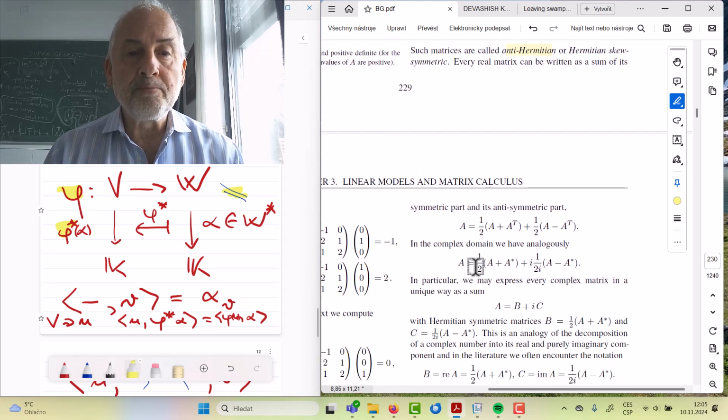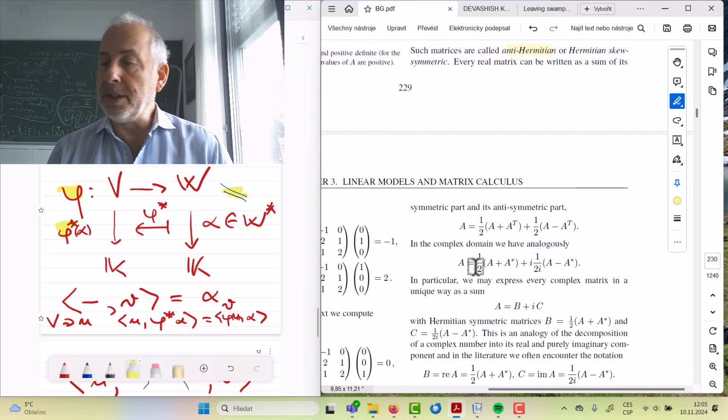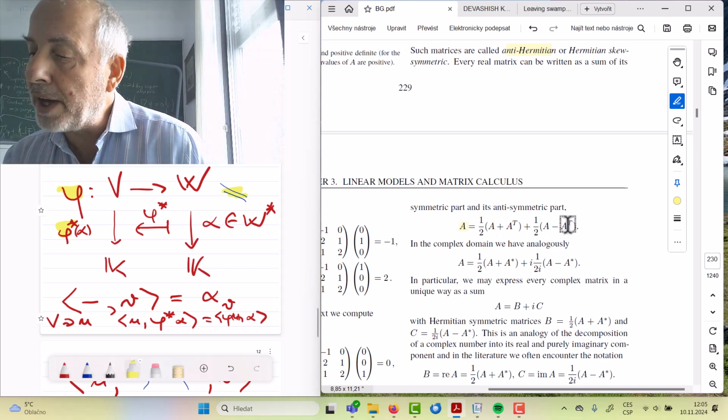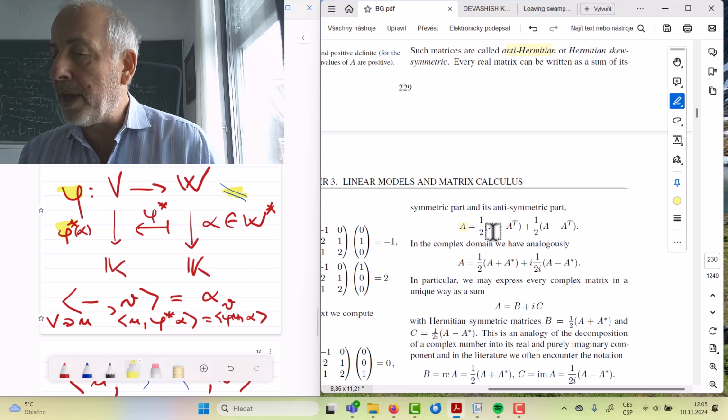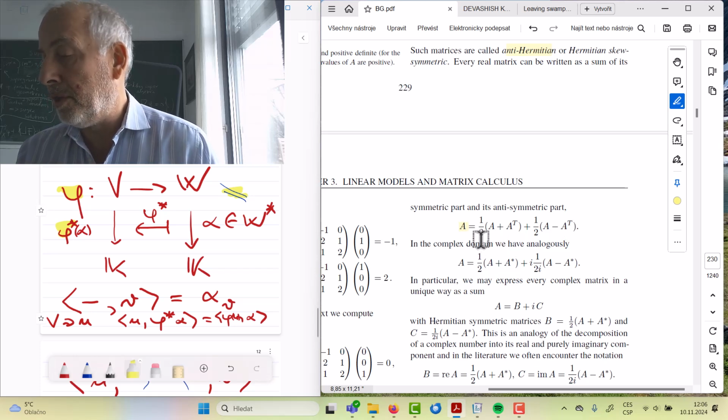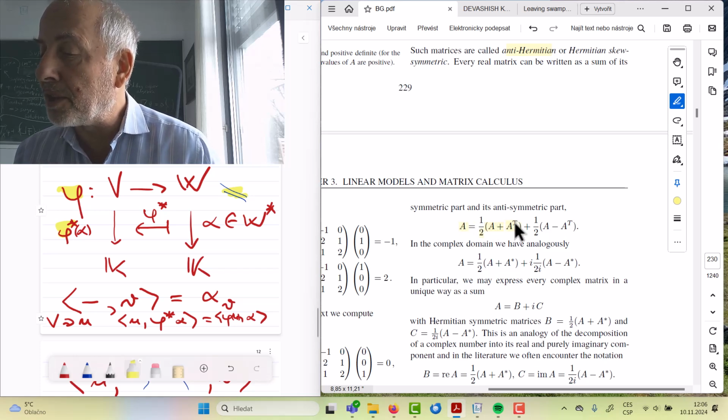But now, exactly as every real matrix can be decomposed in this way, you simply make A plus A transposed plus A minus A transposed, right? So this will be 2A together, because the A transposed terms cancel each other. And so we add the 1/2 there, and now we have got A equals the sum of the first matrix and the second matrix.